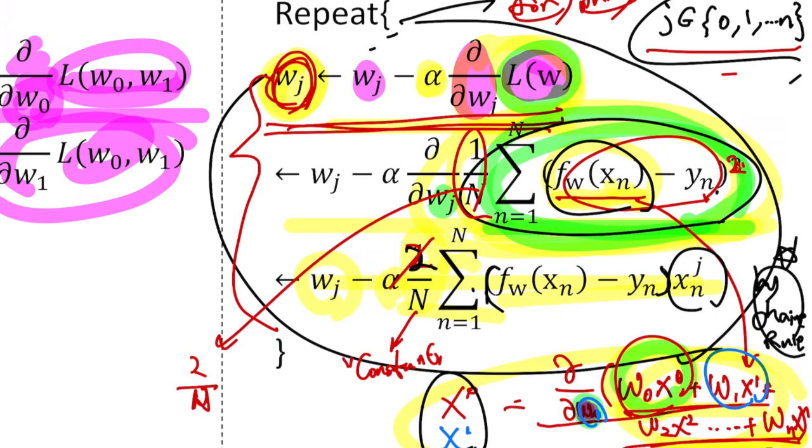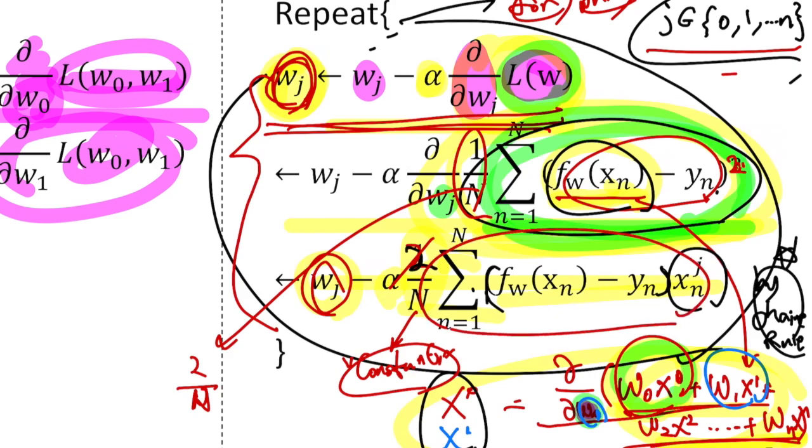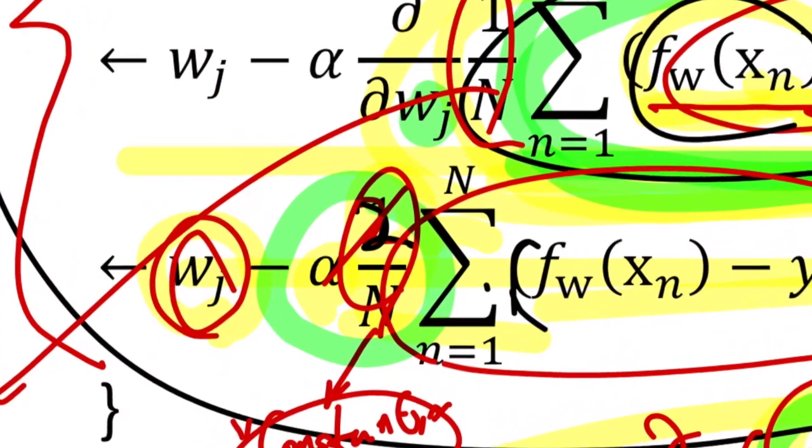But actually it's not important, because this is just the cost function. The core part to update this parameter w_j is here. The constant is not important.